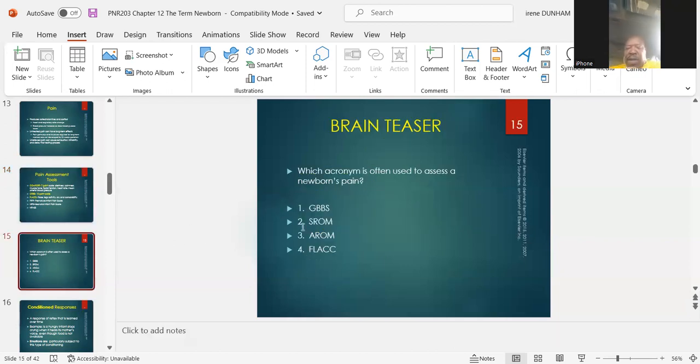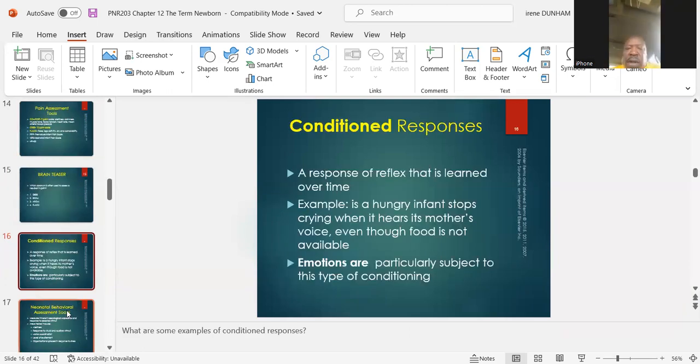Poor little thing. And you have to know the other ones. SROM is spontaneous rupture of membranes, and AROM is artificial. And GBBS is probably group B strep. So nothing to do with what we were talking about, but sometimes quiz questions can be like that. You got that hint? We hope. Okay, good.